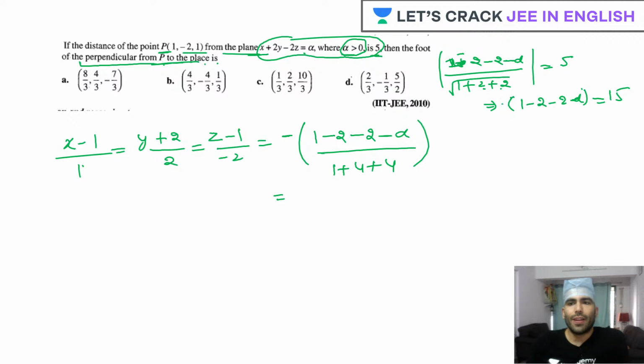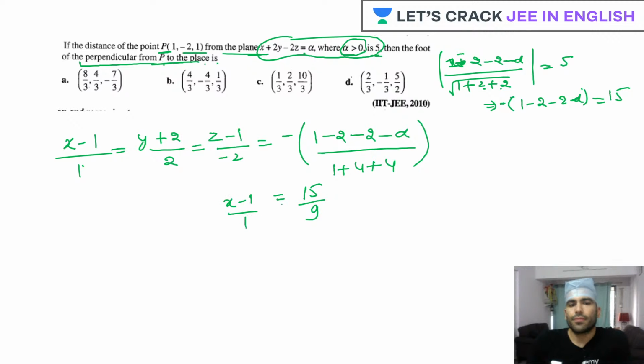So by default we apply a negative sign to make it positive, understood? Because length is always positive. So minus of this entire thing is equal to 15. So let's write it here, 15 upon 9. Correct? Now this is the value of lambda.